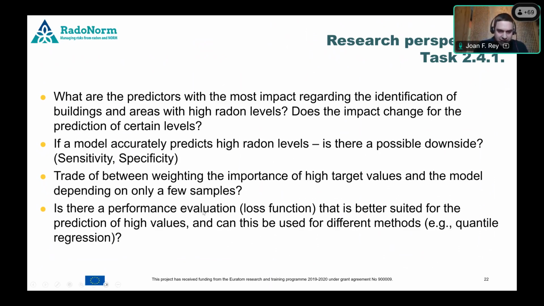This is really important. And finally, we should have a look at performance evaluation, such as the loss function, which is better suited for the prediction of high values, and whether it can be used for different methods, for example the quantile regression.